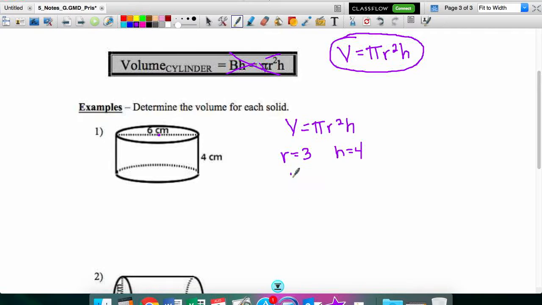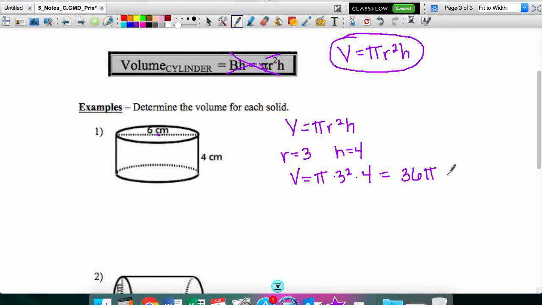So plugging these values in, my volume will be pi times 3 squared times my h, 4. If I would like to keep the exact answer, I'm going to multiply everything but the pi. So 3 squared is 9. 9 times 4 gives me 36. And then tack the pi back on.